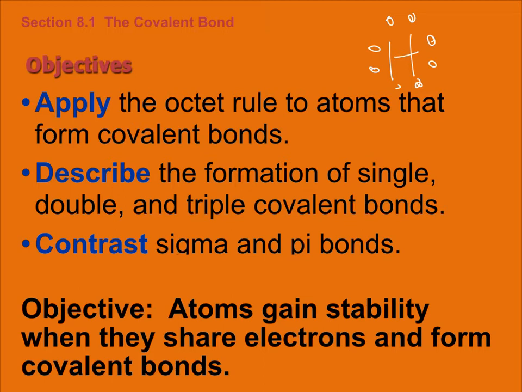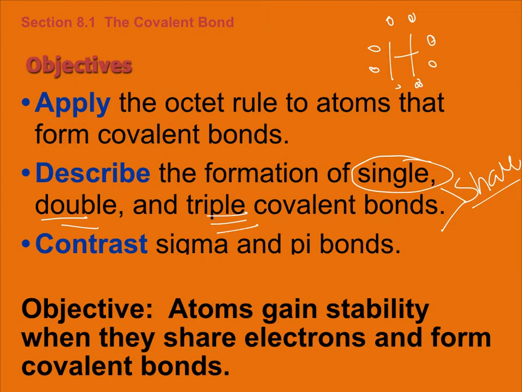We will start tomorrow talking about single bonds, and then we'll get into double and triple. Remember also, covalent bonds are where you share electrons, as opposed to the ionic bonds we've been talking about, where one element is giving up electrons and another is taking them on.